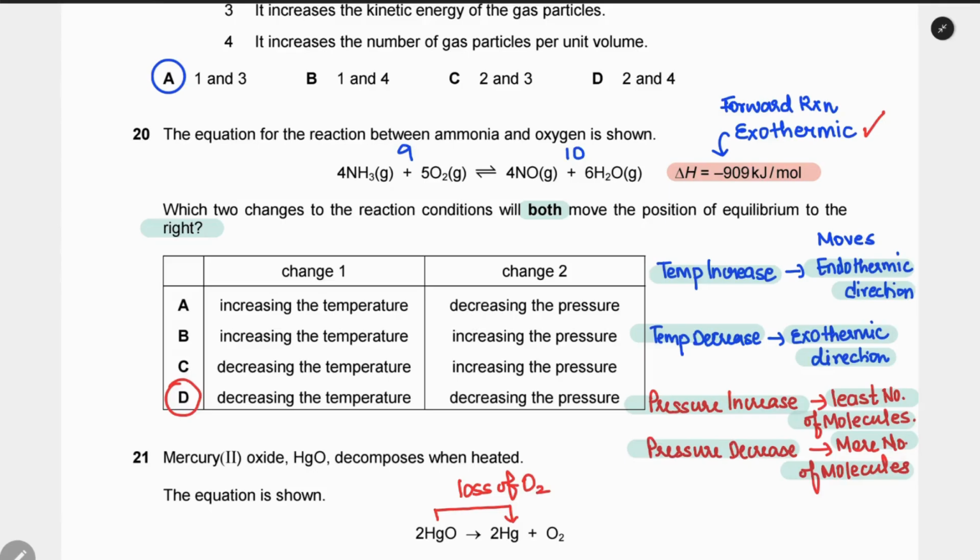If you see here, the right side has more particles or moles as compared to the reactants. So I want more particles, so the pressure has to decrease. If you decrease the pressure, it moves towards more particles. So the answer is decreasing the pressure, which will shift the equilibrium to the side with more particles.